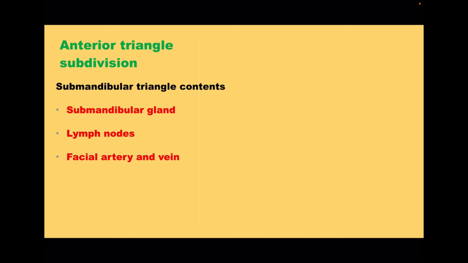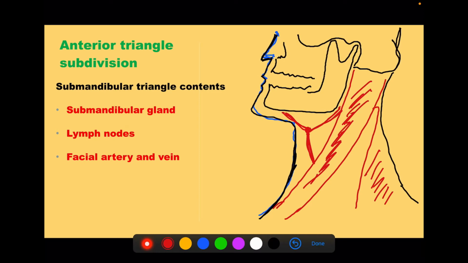The submandibular triangle is bounded by the mandible with the anterior and posterior digastric. Here we can see the picture of the neck. The blue portion that I am going to draw now is called the submandibular triangle.